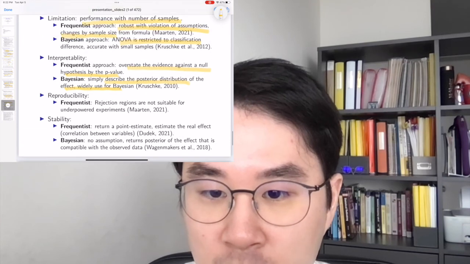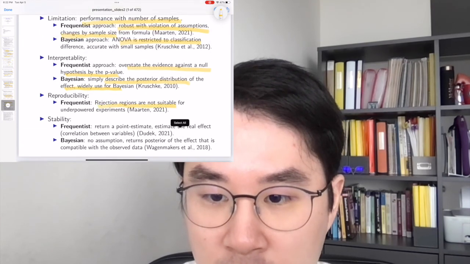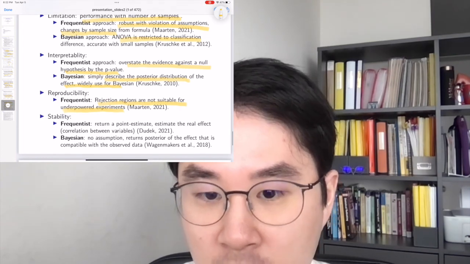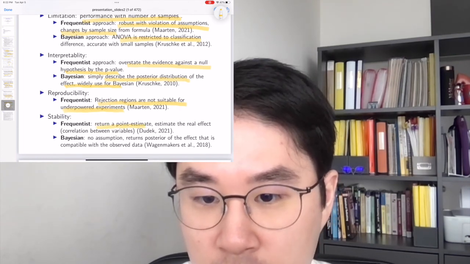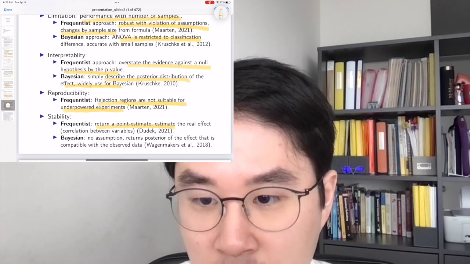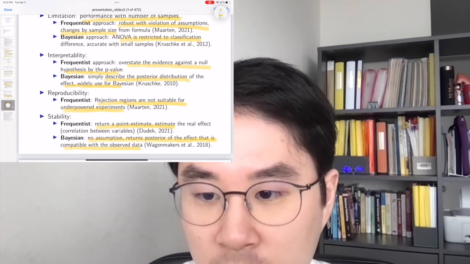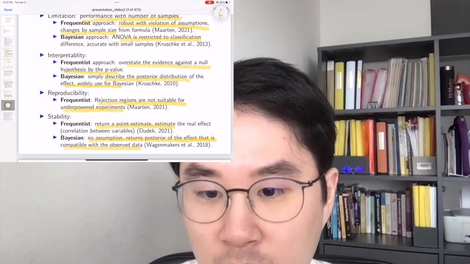However, on the reproducibility issue, the frequentist approach has rejections that are not suitable for underpowered experiments, and there is also a stability issue, since the frequentist approach returns a point estimate, while the Bayesian approach has no such assumptions and returns the posterior of the effect that is comparable with the observed data.